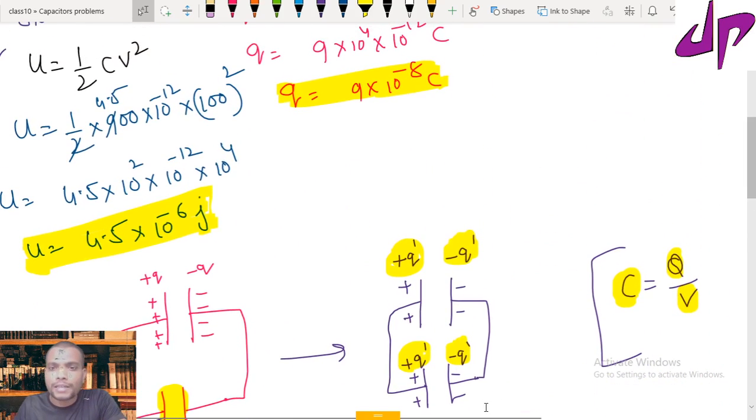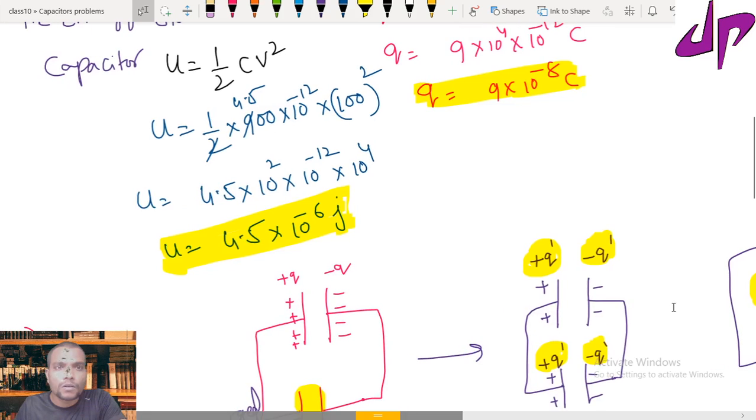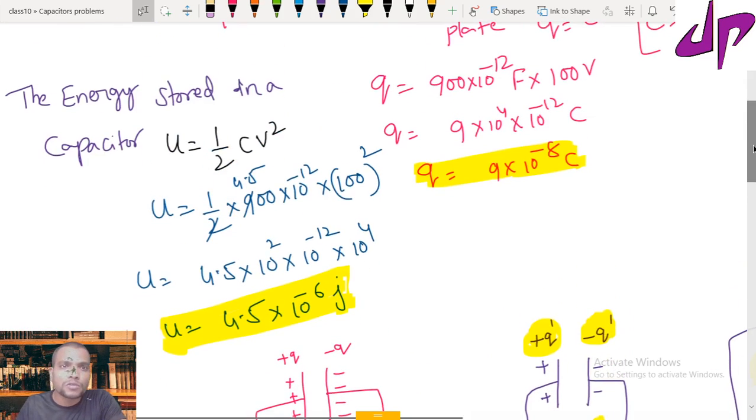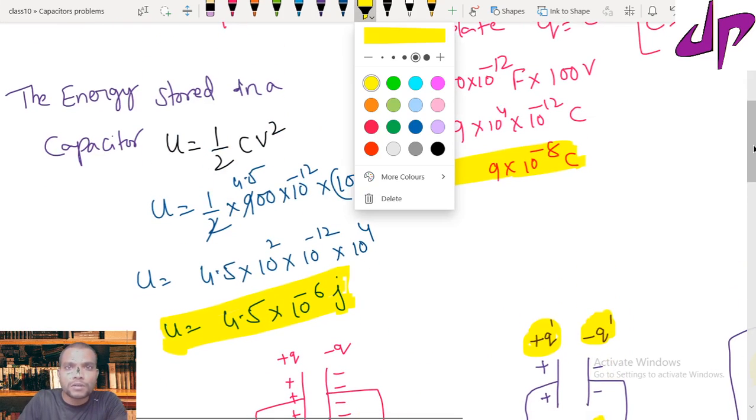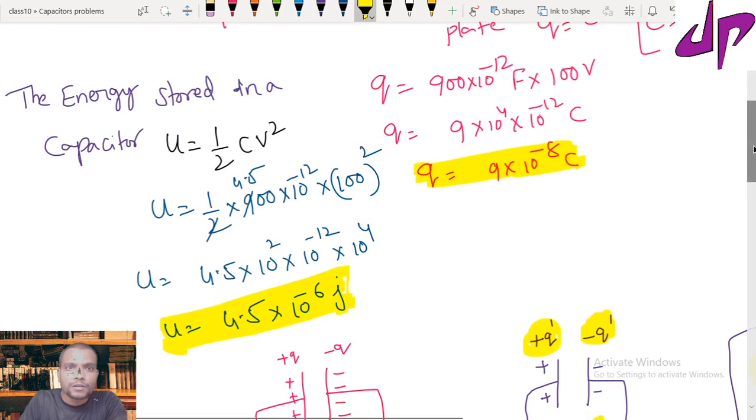We solved that expression, potential energy U equal to half CV square. So from this expression we can get the same, half QV.